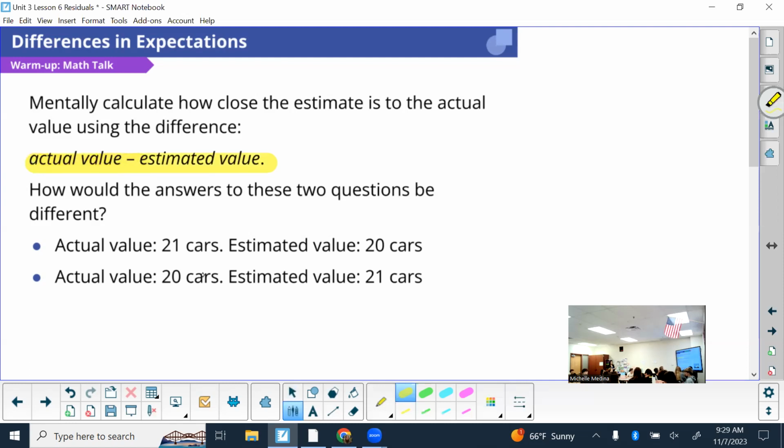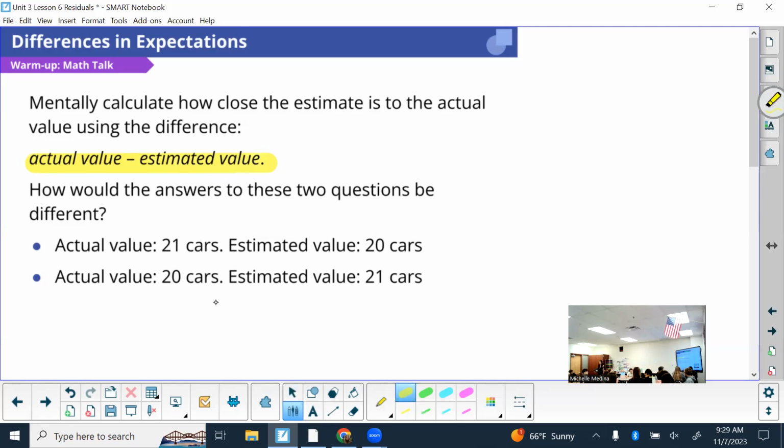You guys right now in your head, so don't say the answer out loud, try to answer this next question. How would the answers to these 2 questions be different? The one where the actual value is 21 cars and the estimated value is 20 cars, and the other where the actual value is 20 cars and the estimated value is 21 cars. Again, you don't say it out loud.